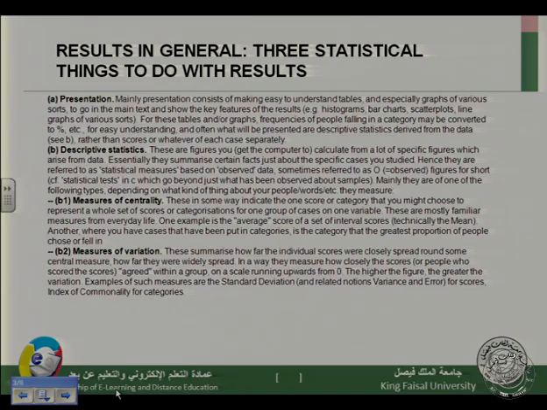You would say, for example, 75% of the teachers are Saudis, 25% are non-Saudis. This is easier than just presenting numbers in tables: Saudi teachers, 300, non-Saudi teachers, 150. No, it would be easier to convert them into percentages. So this is one way to make things easier for your reader.